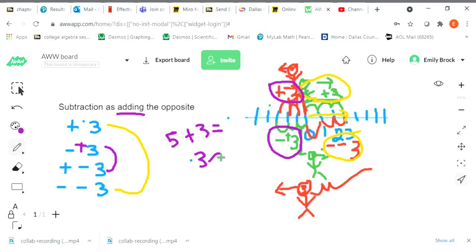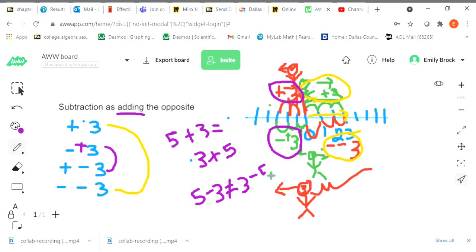This is not true with subtraction. Subtraction does not commute. 5 minus 3 does not equal 3 minus 5. They're opposites, in fact, aren't they?